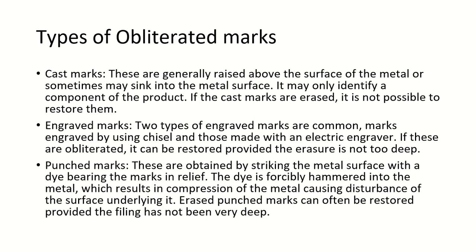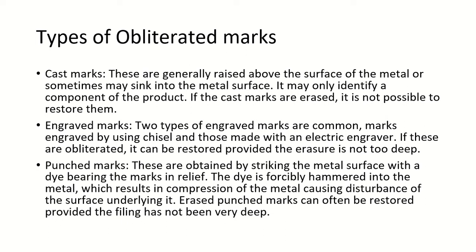Types of obliterated marks. First is cast marks. These are generally raised above the surface of the metal. So if the cast marks are erased, it is not possible to restore them as they are above the surface.